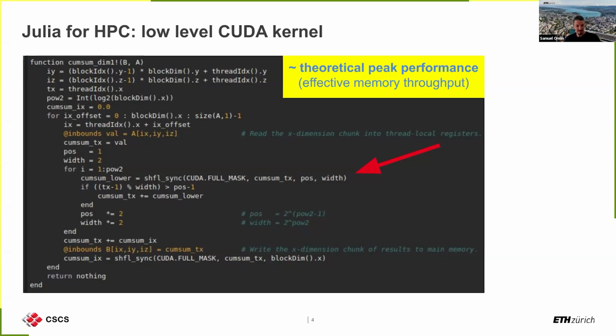So what's particular here, just to give one point, you see this shuffle sync. So this is a warp level function. So you can really go to the deepest level of programming in CUDA.